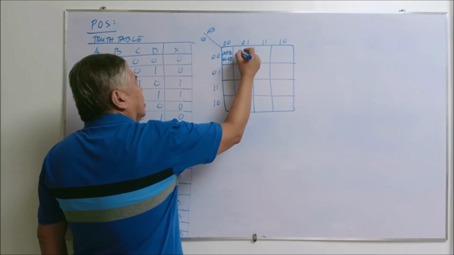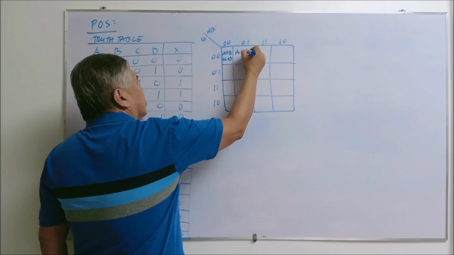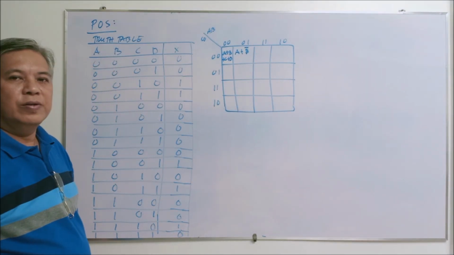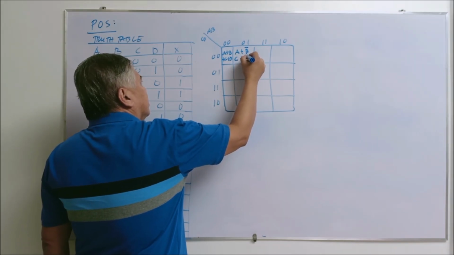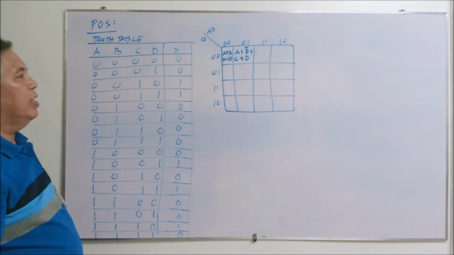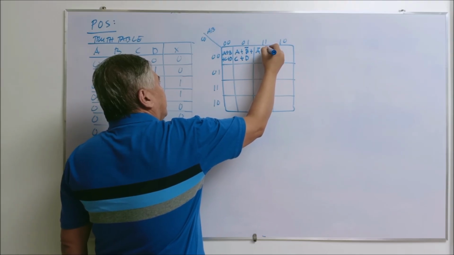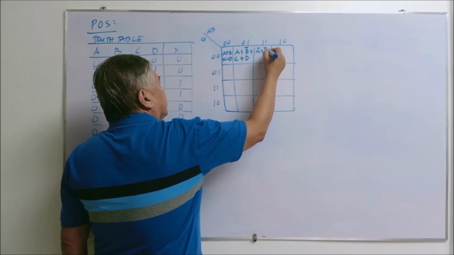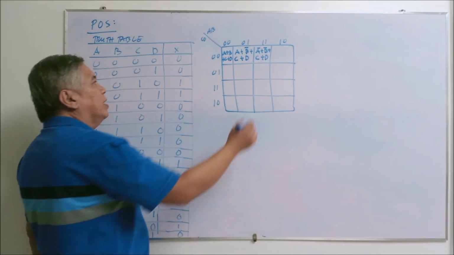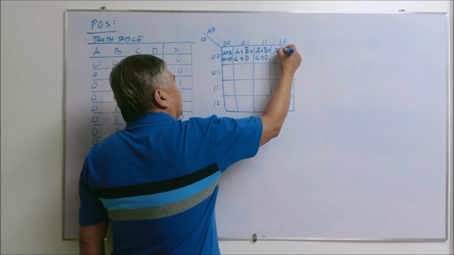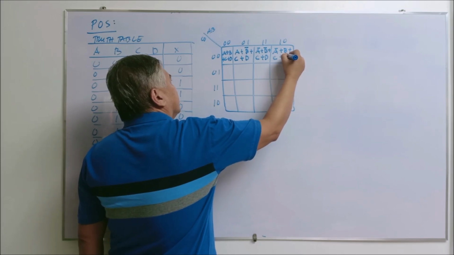Then A is 0, so A not complemented, plus B is 1, so that's the time that you complement the variable, then C is 0, so you have C plus D. Then you have A complement plus B complement plus C plus D. Then you have A complement plus B plus C plus D.